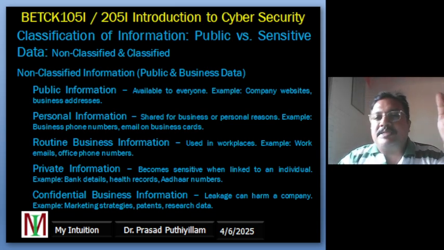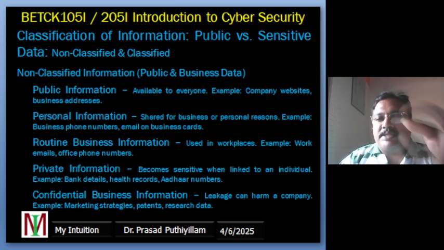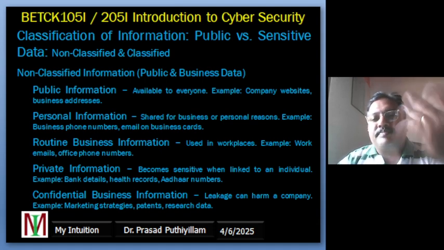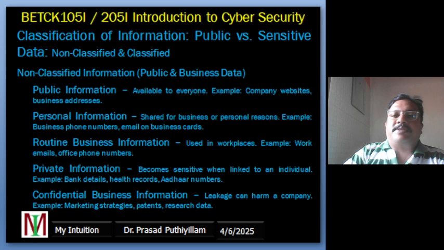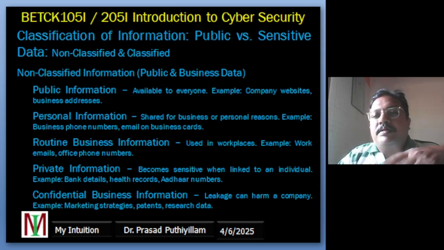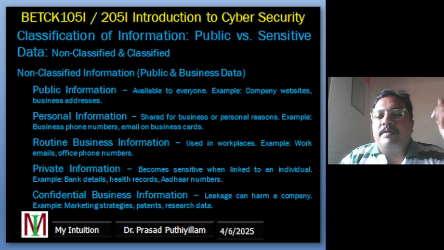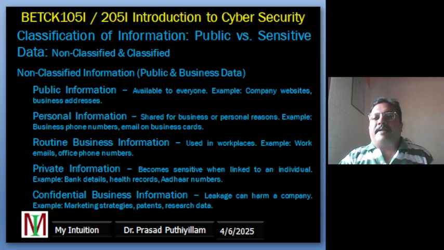Routine business information is shared freely in workplaces, like employees' work email, official phone number, etc. And private information is sensitive and linked to an individual, like bank details, health records, Aadhaar card numbers. Confidential business information, if leaked, could harm the company, for example marketing strategy, patents they have, or patents yet to be published, or research data. So our company work email is public, but our salary and bank details are private, like that.